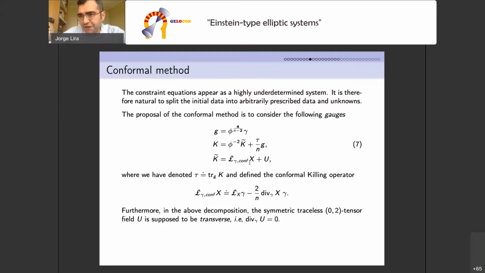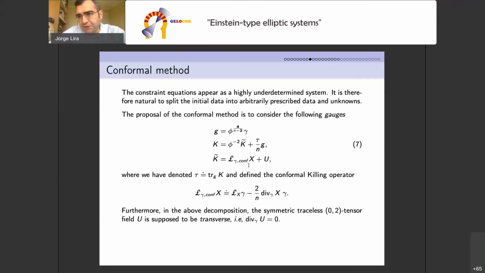So X is not free. X is determined by some equation I will show you in a moment. So U is free, tau is free, gamma is free. You can freely prescribe the initial background metric in M, assign some particular free choice of mean curvature, and also freely choose this U. The other terms are determined by PDEs, as I want to show in a moment.